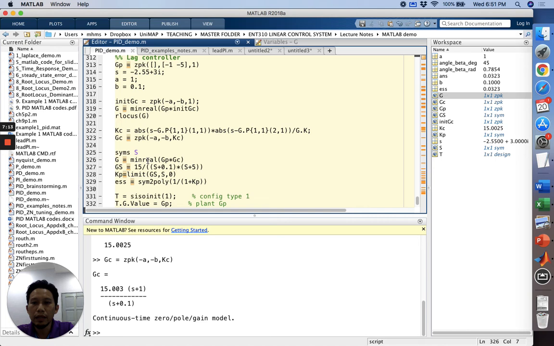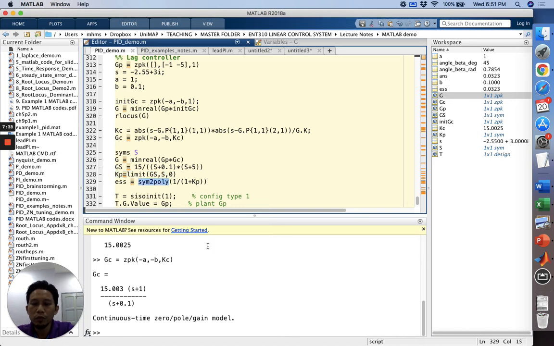Again, I use the minreal function to cancel out S plus 1 with the pole of the plant. Then I define the GS here, and I can find the limit of GS as S approaches 0, and then I will get the steady state error.